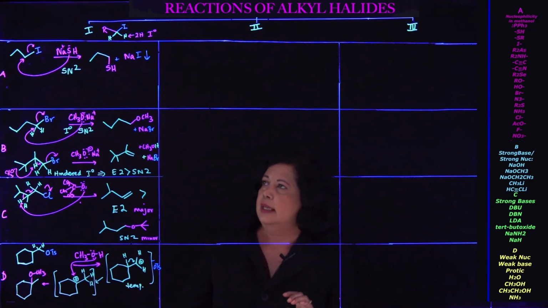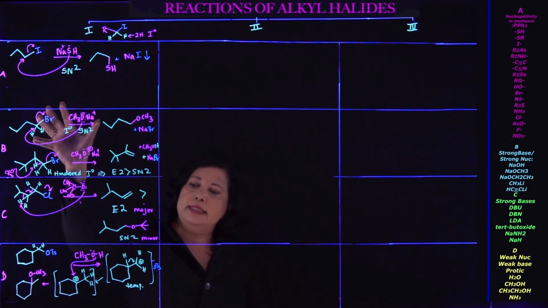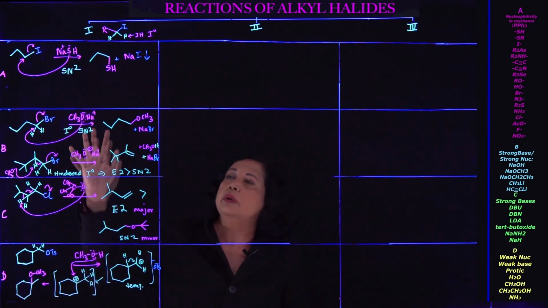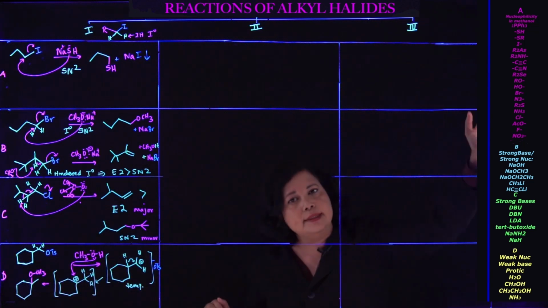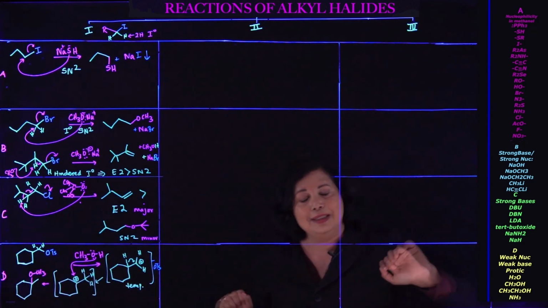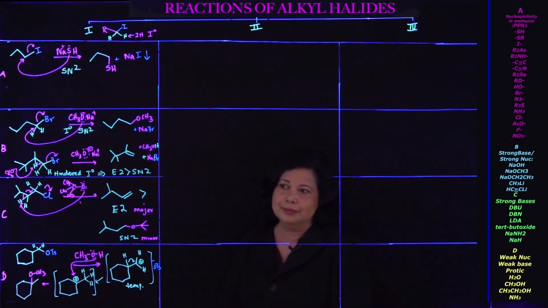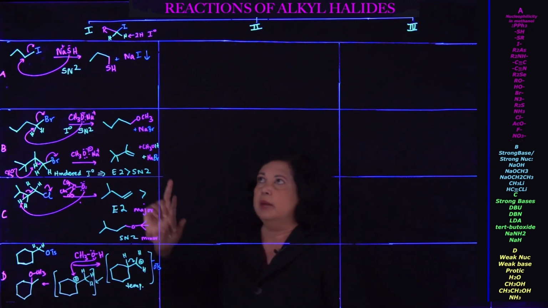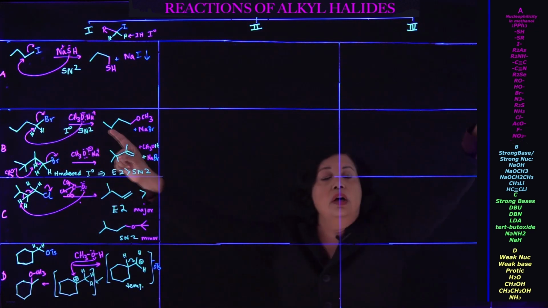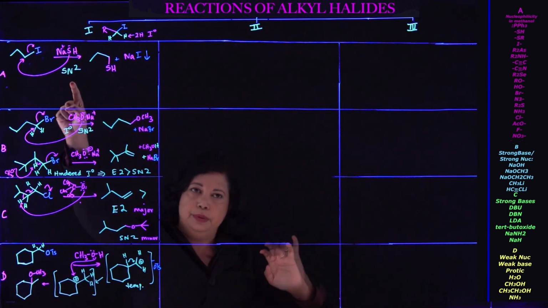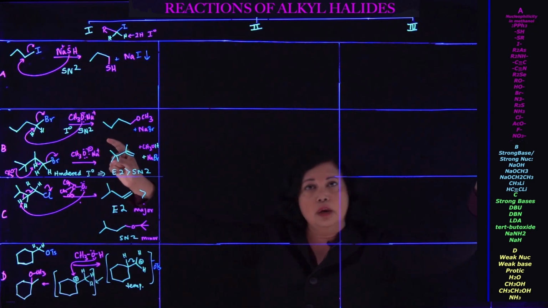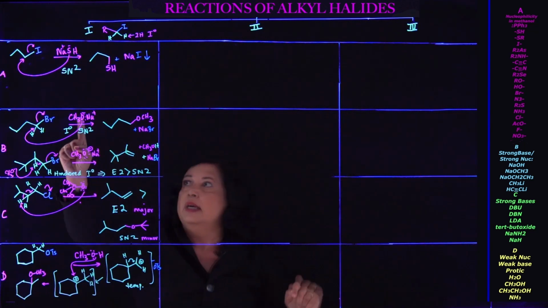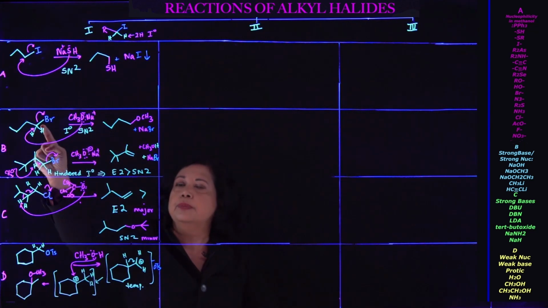So this is a really good setup here to show you how your reactions are going to change depending on what's in the bucket. So this is for primary. So in summary, for a primary, when you have a really good strong nucleophile, SN2 backside attack. If you have a small, strong base, strong nucleophile, it's going to do SN2.